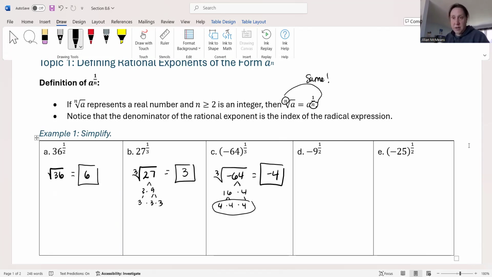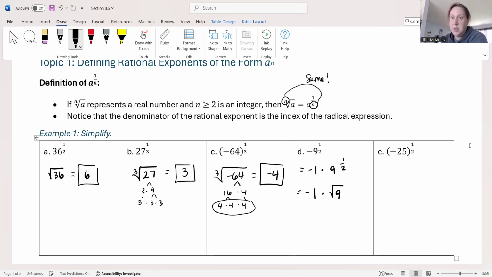Now, again, we want to be really, really careful. Looking at part D, we have negative 9 to the 1/2 power. And what you need to notice here is the negative is not in parentheses with that 9. The exponent of 1/2 only applies to the 9, not the negative. This is really like saying we have negative 1 times 9 to the 1/2 power. So this is really like negative 1 times the square root of 9.